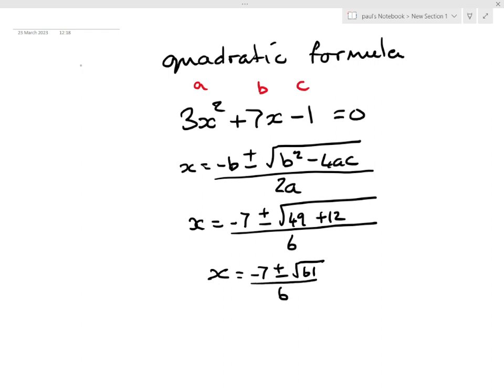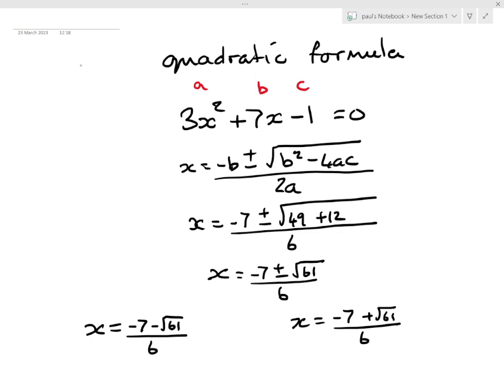Now this is where we split it into 2. So we get x is equal to minus 7 minus the square root of 61 over 6, and x is equal to minus 7 plus the square root of 61 over 6. And let's do that.